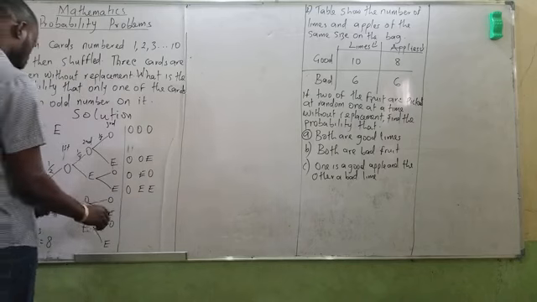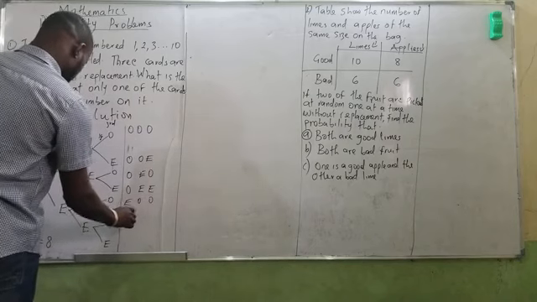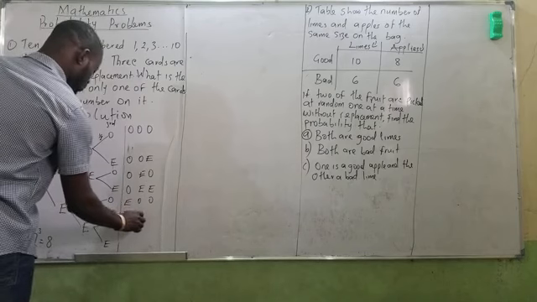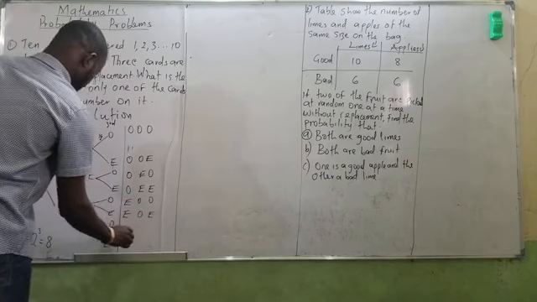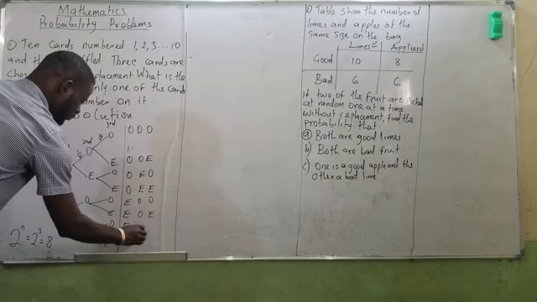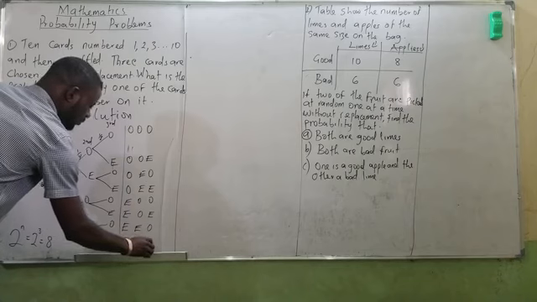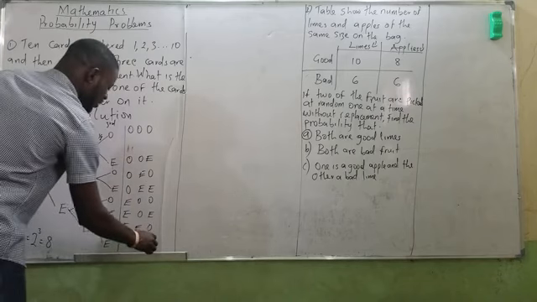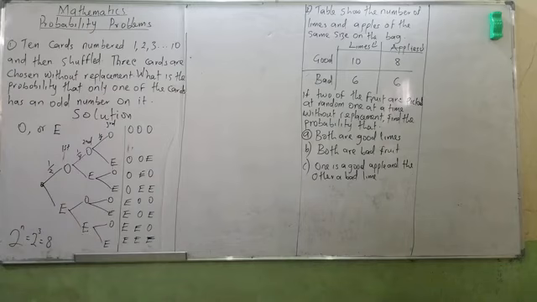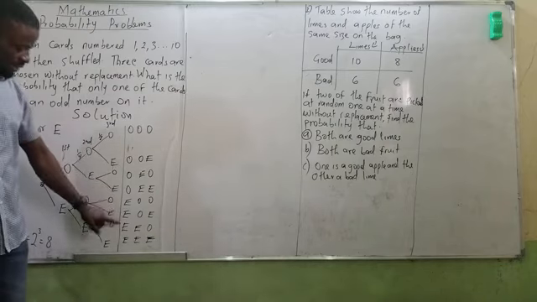And also even, odd, odd; even, odd, even; even, even, odd; even, even, even. That is very, very important. Now, how many are here? 1, 2, 3, 4, 5, 6, 7, 8.